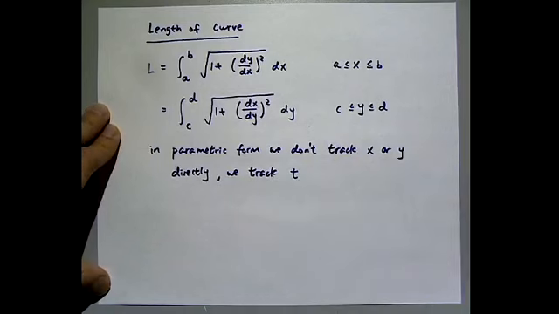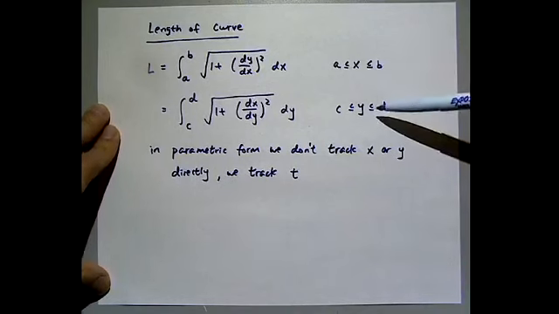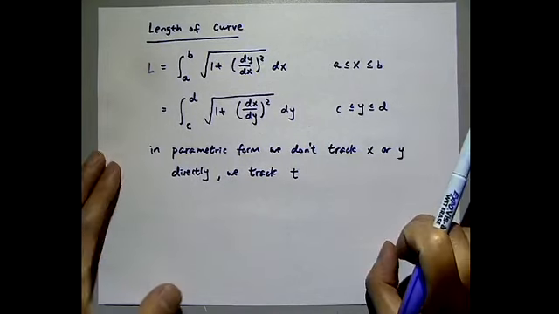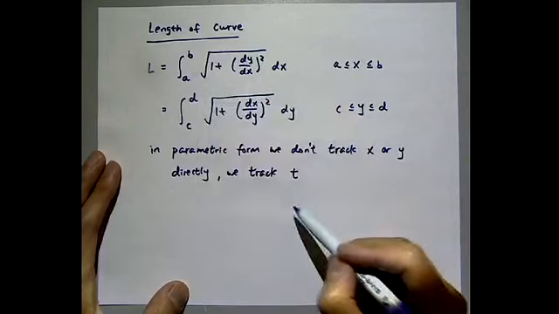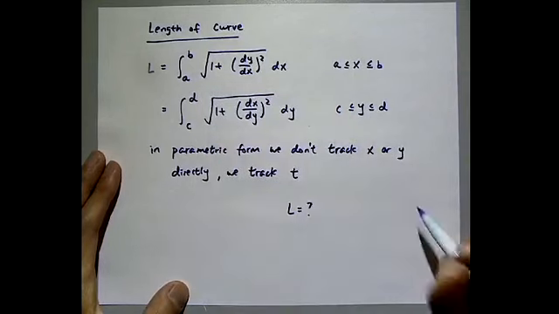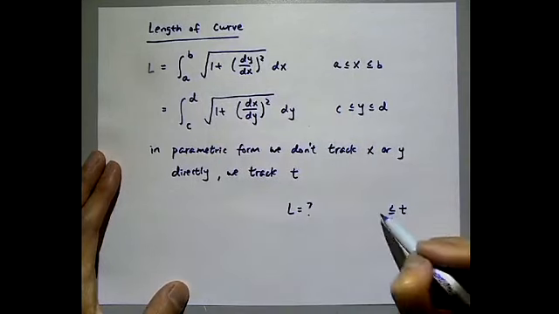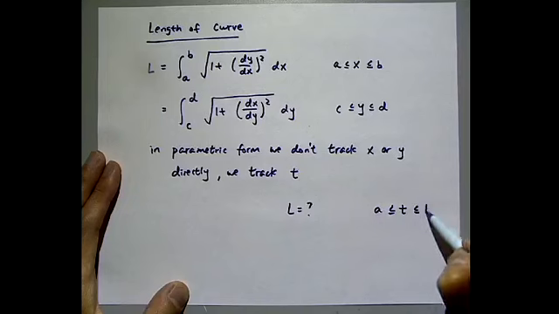Right? Now we're counting things in terms of t, in terms of time. We're not counting x or y directly, at least. So now I want to know, what does that formula look like if, let's say, t is bounded between a and b?